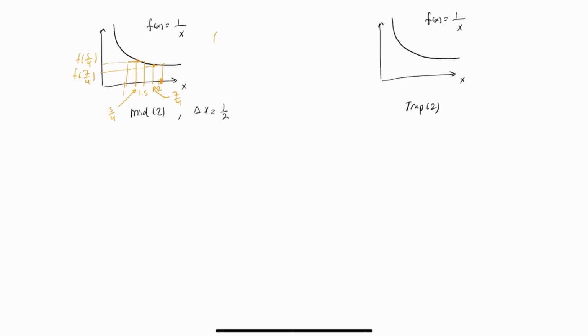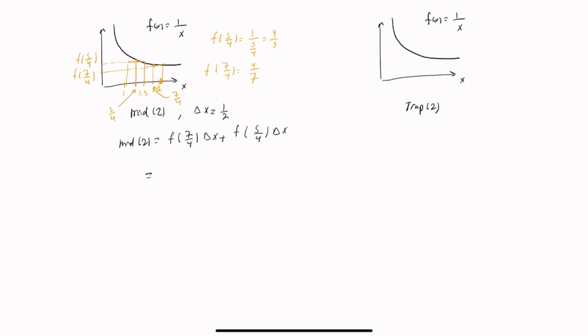Now, f of 5 over 4 is going to be equal to 1 over 5 over 4, which is 4 over 5. Therefore, f of 7 over 4 is going to be equal to 4 over 7. So mid of 2 is going to be equal to f of 7 over 4 multiplied by delta x, plus f of 5 over 4 multiplied by delta x.